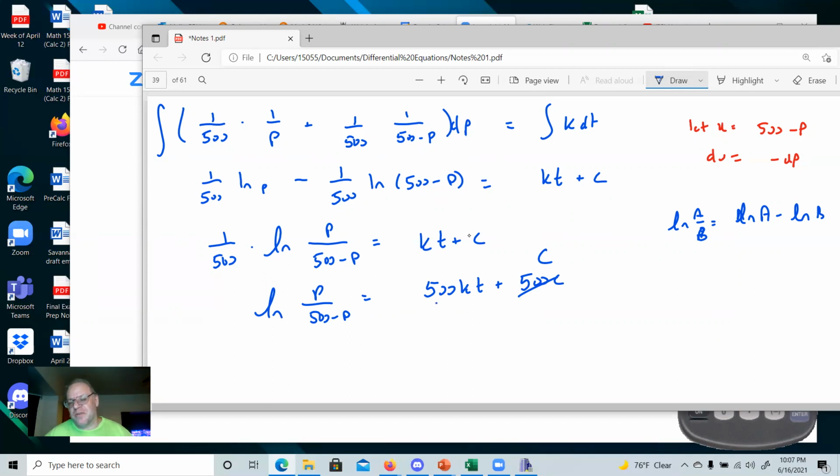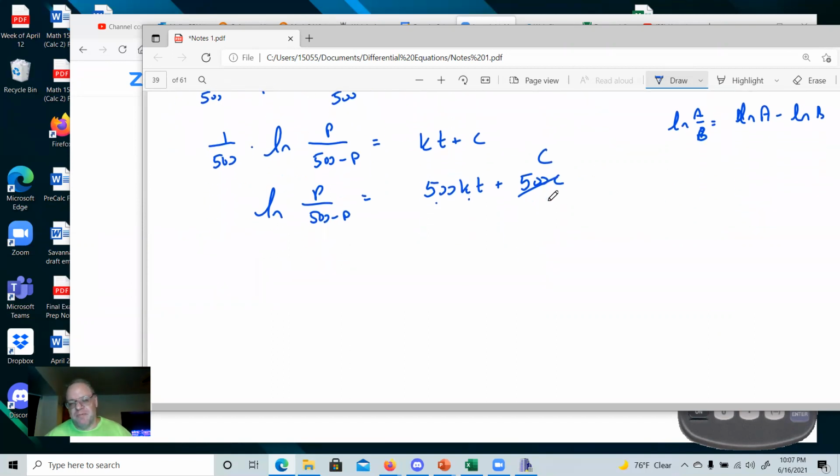Why are you keeping the 500 here with the k? Some things might drop out, and I want to track where this is going. The reason I'm not keeping it with the C is because we're going to exponentiate now. So this is P over 500 minus P is equal to e to the 500kt, times on the bottom, plus up in the exponent, times on the base, e to the C, which is just going to be a constant.